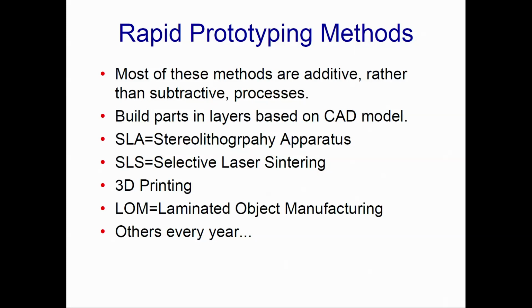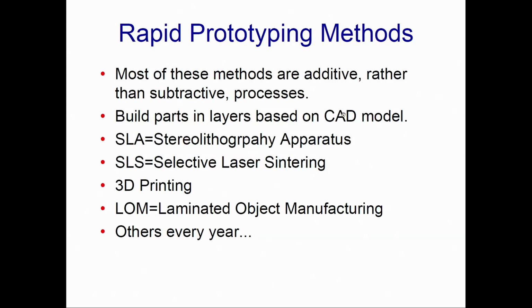In most of the rapid prototyping methods, now loosely called 3D printing, most of these methods are additive rather than subtractive processes. 3D printing is only one of them, where you have molten plastic which will go on building things, and then eventually you have your prototype.